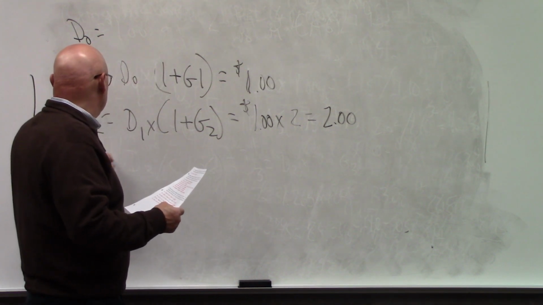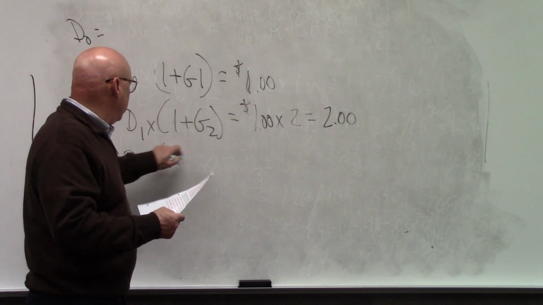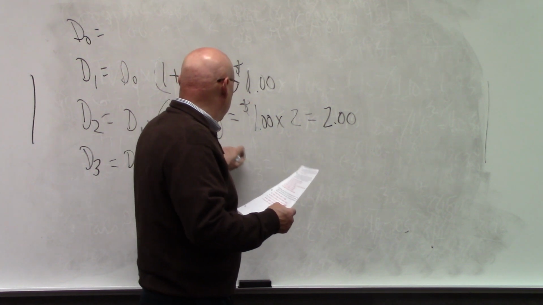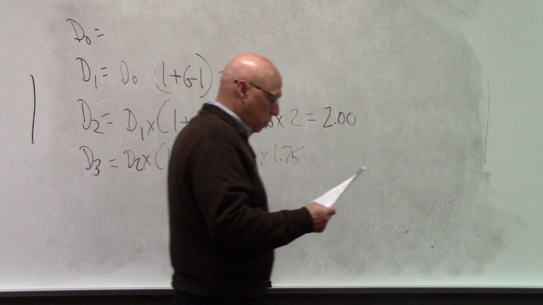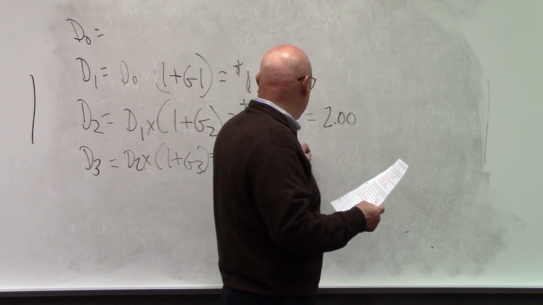D3 equals D2 times 1 plus G3, and that is $2 times 1.75. Okay, and so that is going to be $3.50.